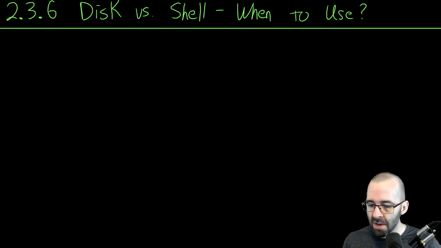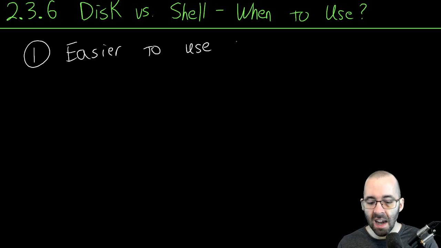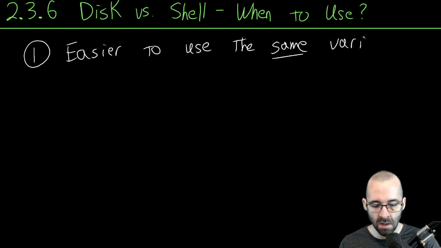I think for me, there are two things that I want you to think about that help me. These are questions you have to ask yourself. Is it easier to use the same variable as the axis?